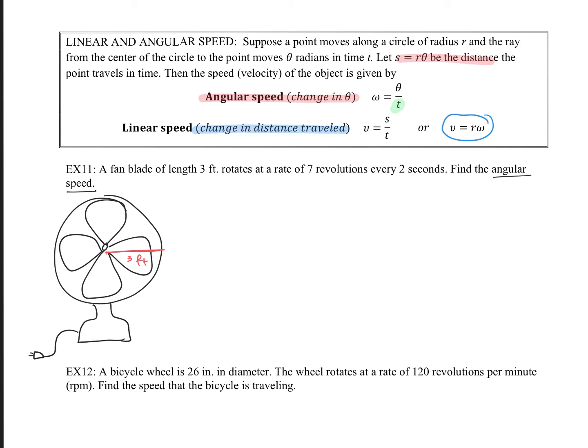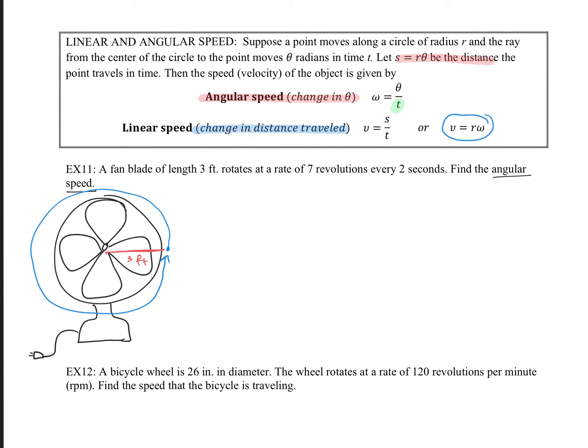Okay, then what do we know? It rotates at a rate of 7 revolutions every 2 seconds. What does that mean? Well, rotating, so it goes a full rotation. That's just 1 revolution. Full rotation is 1 revolution.